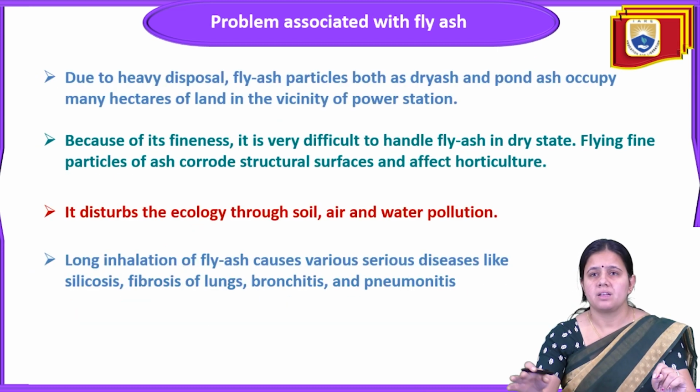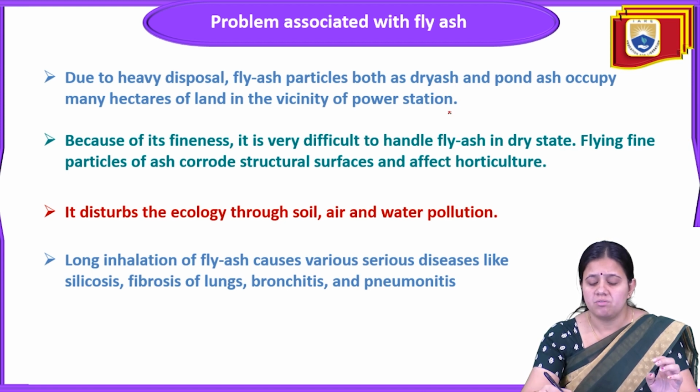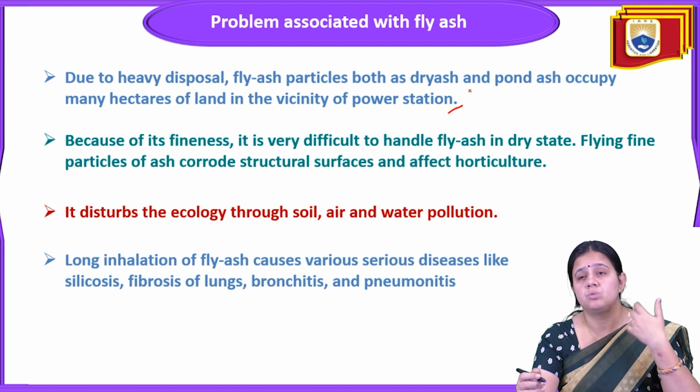Next are some of the problems. We can utilize fly ash in some sectors, but the main point is: what are the problems associated with fly ash? What are the negative properties of fly ash? Because of heavy disposal, fly ash is generated in too much amount.